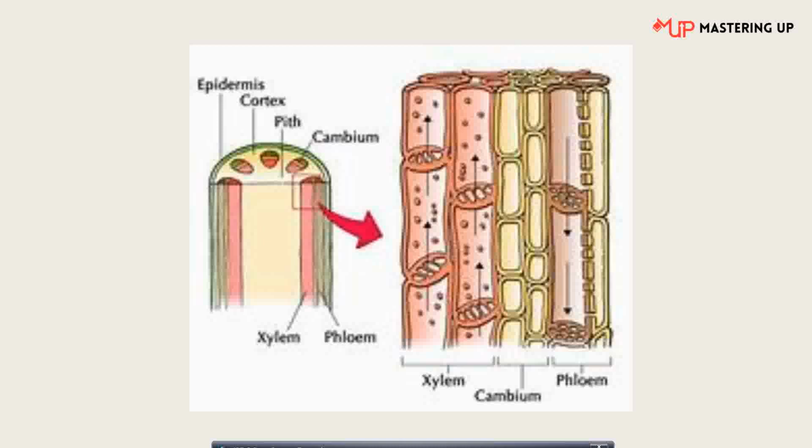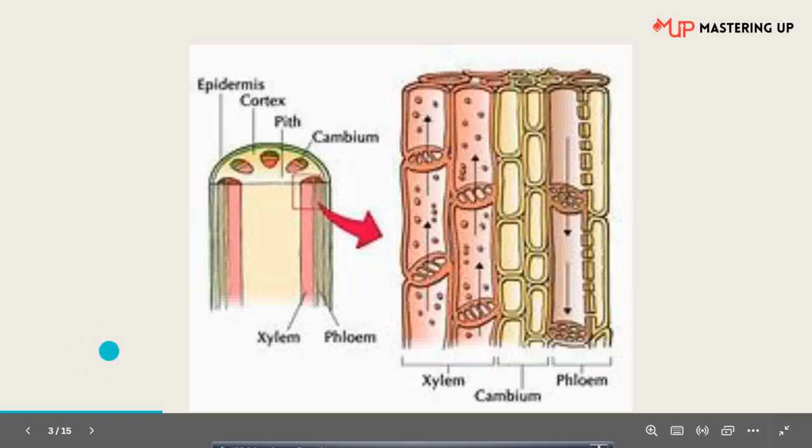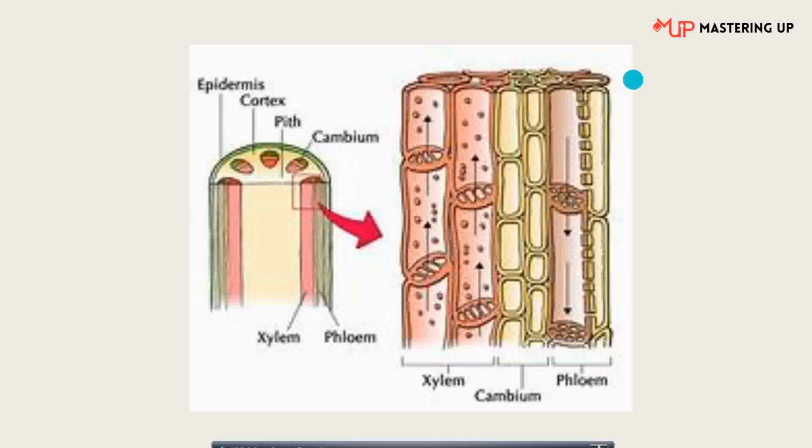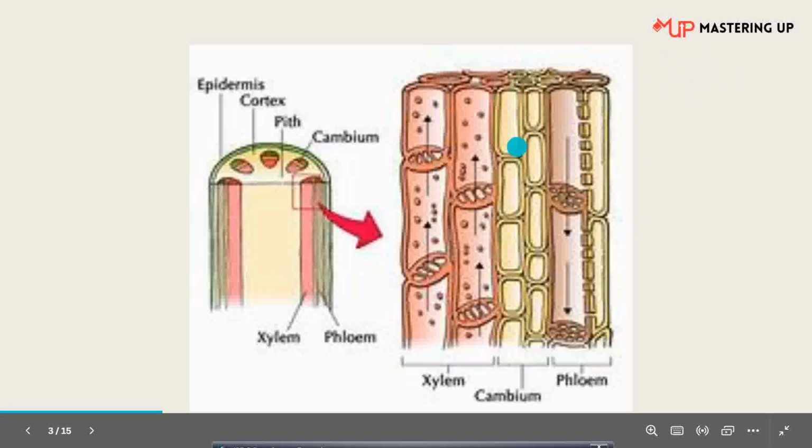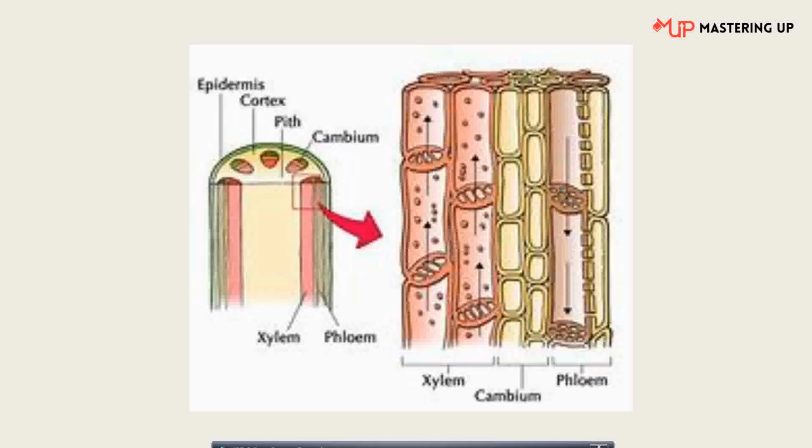It is showing that in xylem, water is transported from the soil to the upper parts of the plant, while in phloem the food is transported from the leaves, the area of production, to different parts of the plant. The leaves are in the upper part and the roots are on the lower part. That's why the arrow signifies the direction of transport.